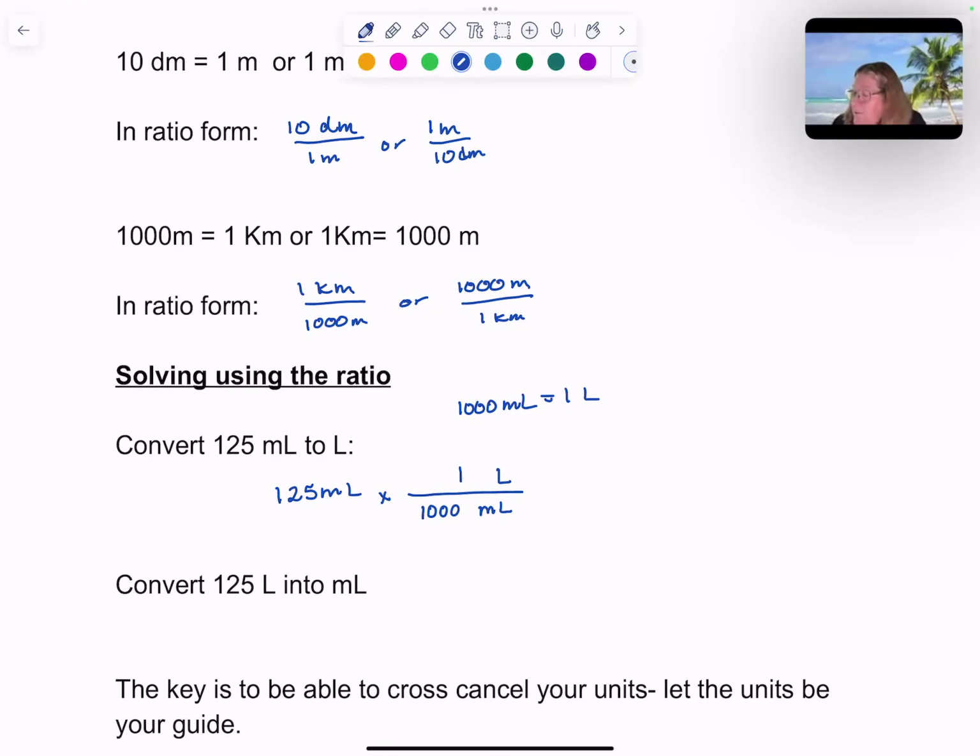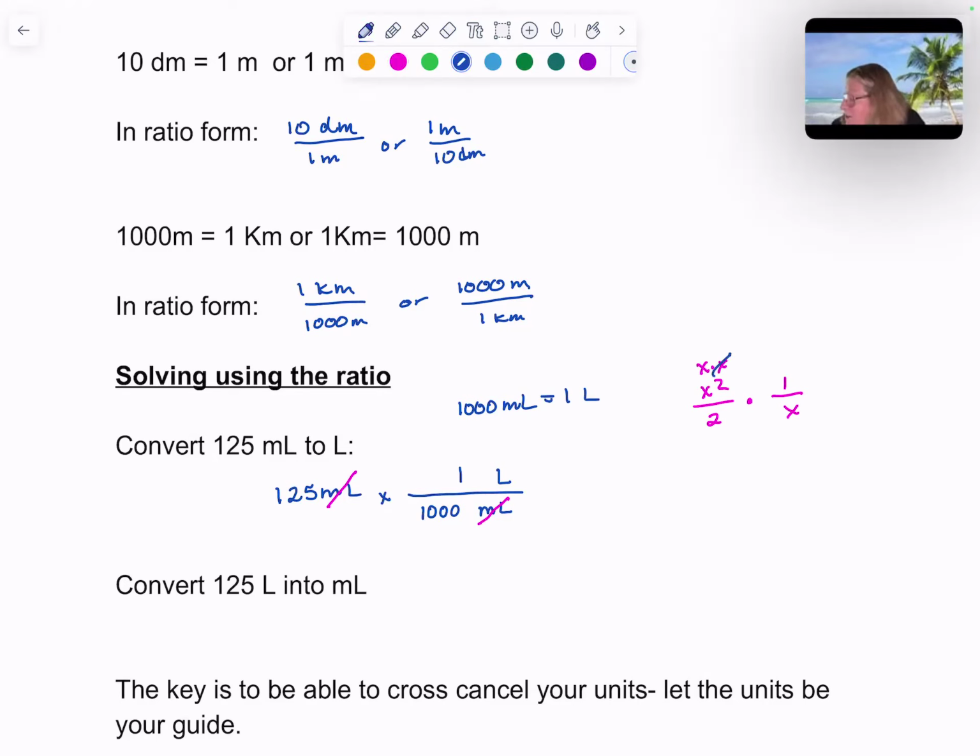Now we can cancel out milliliters with milliliters, because this is just multiplying fractions. This is like saying if we had x squared over 2 times 1 over x, we can cancel out one of these x's in x squared, because x squared is x times x.